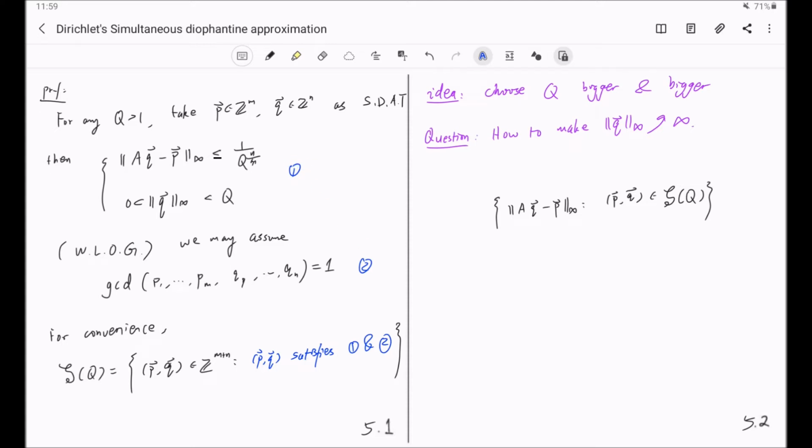And now you look at the minimum or infimum of this set. Actually, there is a minimum, because if you fix capital Q, then there are only finitely many choices for p and q, because they are integer valued anyway.